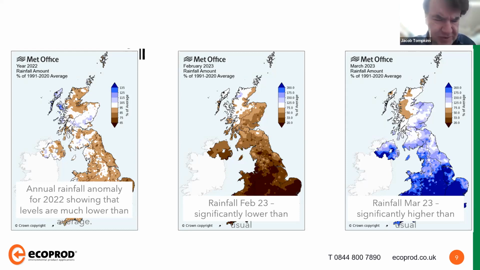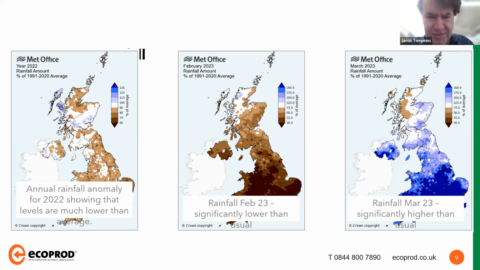But if you look into the detail, in February 2023, and this is unusual, we had a winter drought. We had the worst drought for about 80 years. Look how dark brown that is. Dark brown means very, very dry soil, no rainfall.